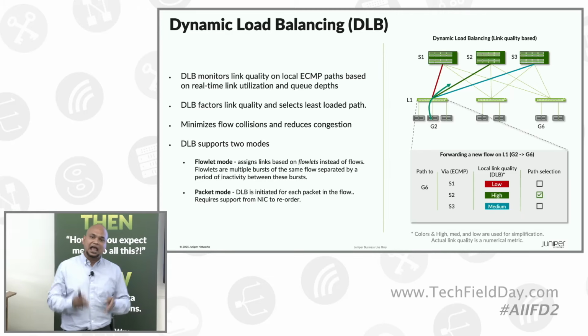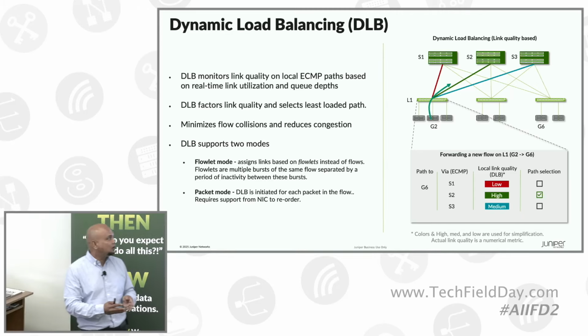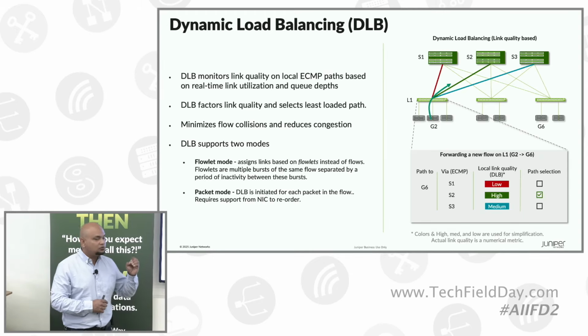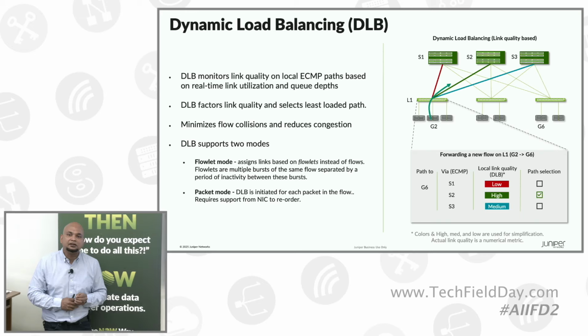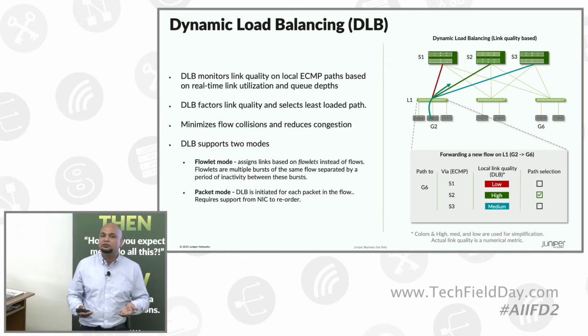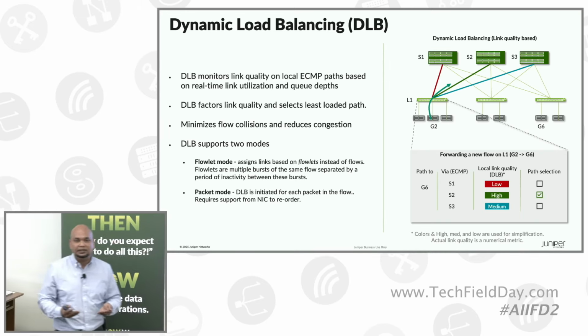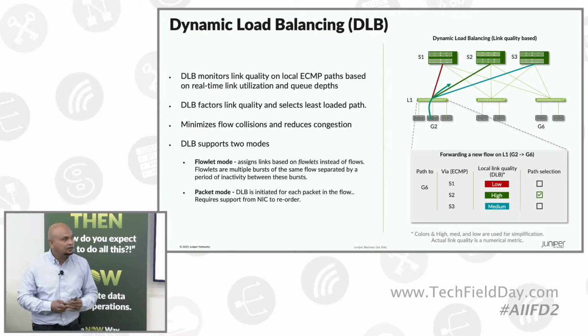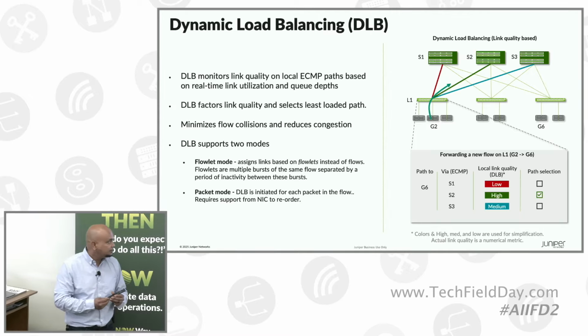Instead of just doing a hash and randomly pinning a flow on one of the available paths, we track almost at every microsecond granularity what the link utilization is, or what my link quality is, at every leaf where the traffic first hits.